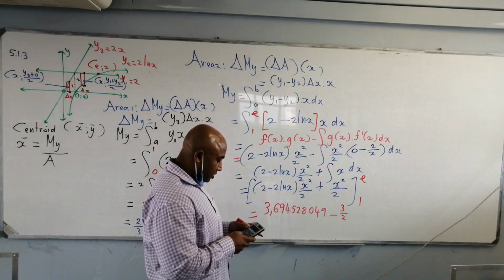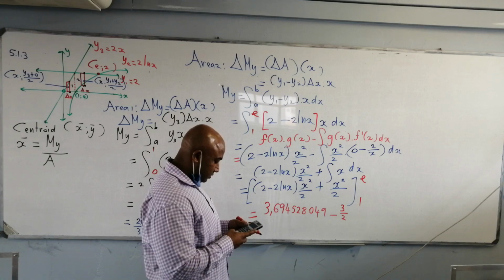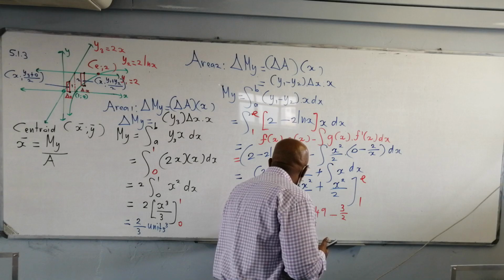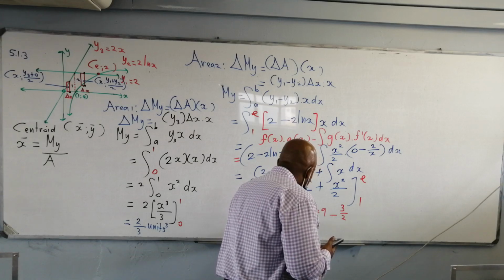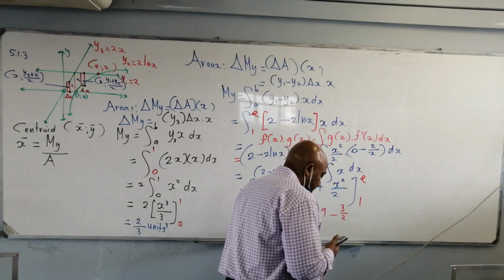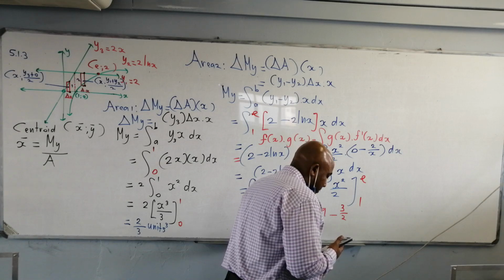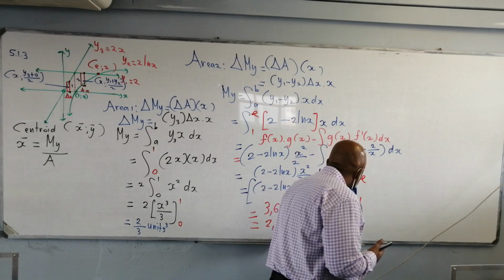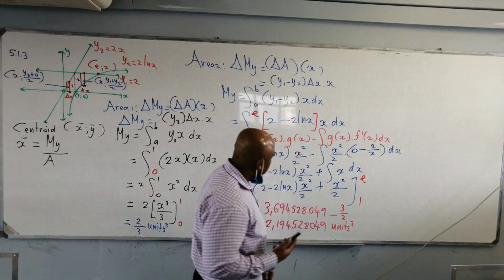So let's do the subtraction. And then I end up with 2,194,528,049 units to the power 3.